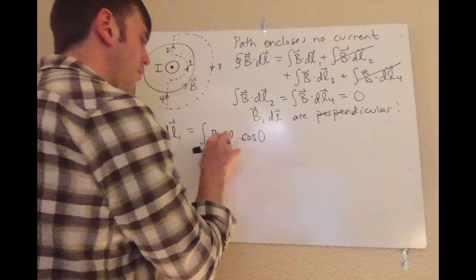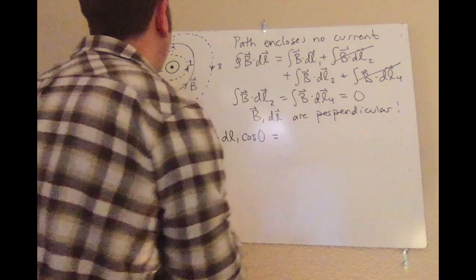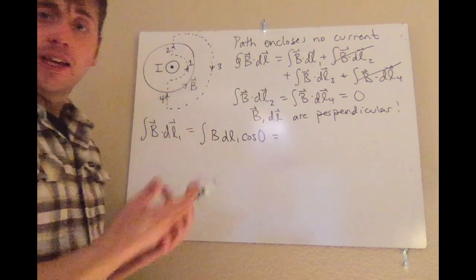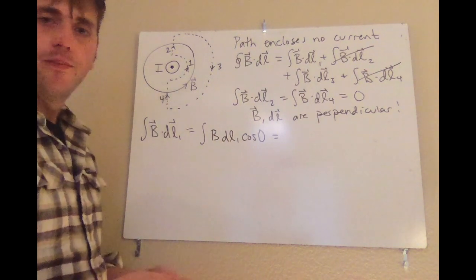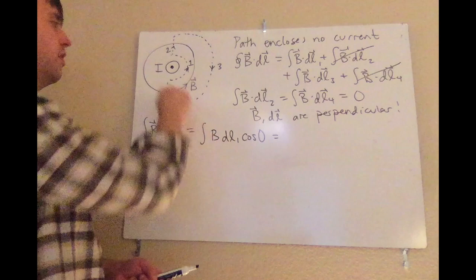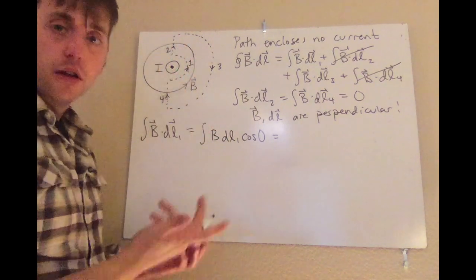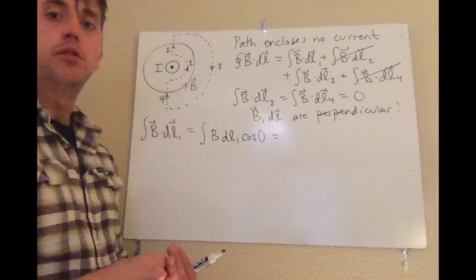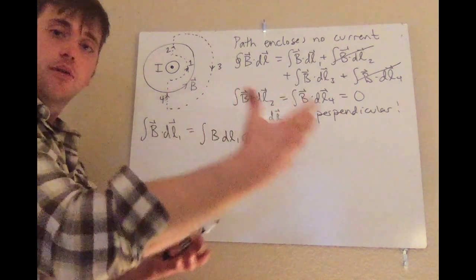The next thing we can do is take B. Since all along this path I'm staying the same distance away from the wire, the B field has the same magnitude all along this path. It only increases or decreases in magnitude if we're going closer or further away from the wire.